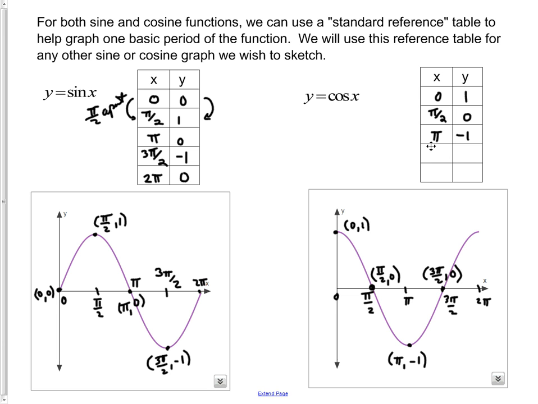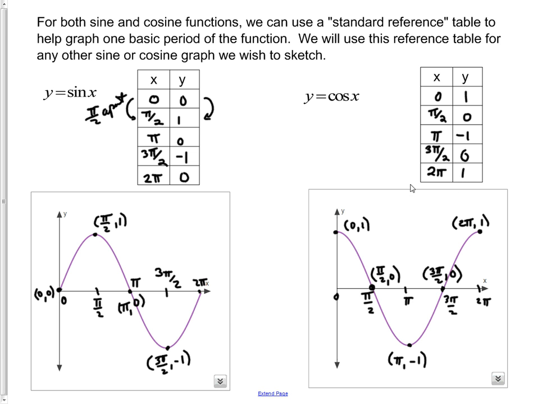At 3 pi over 2, we come to 0. And finally, at 2 pi, we return back to 1. And so one pattern is again complete.